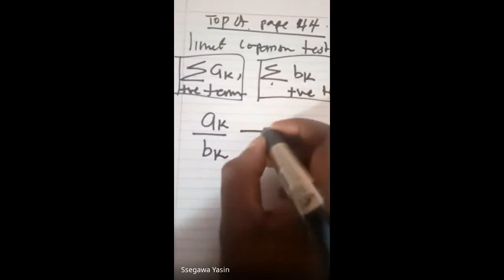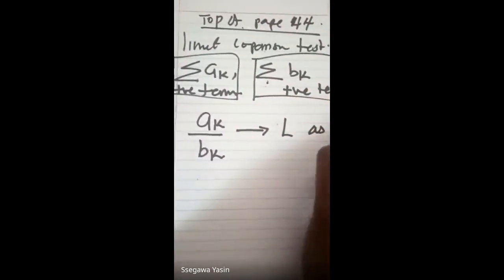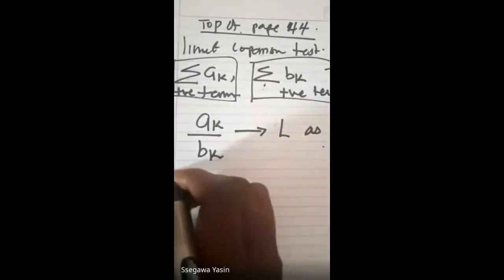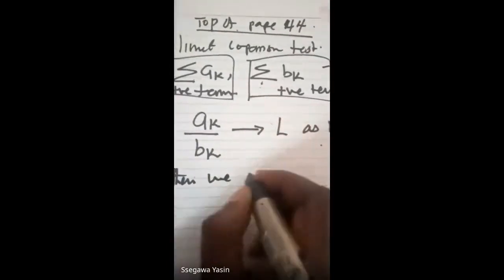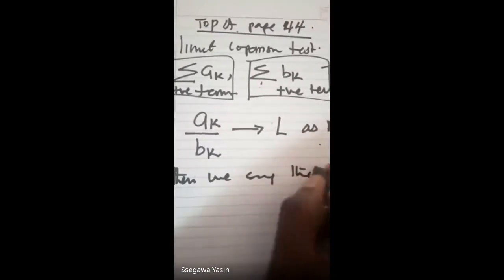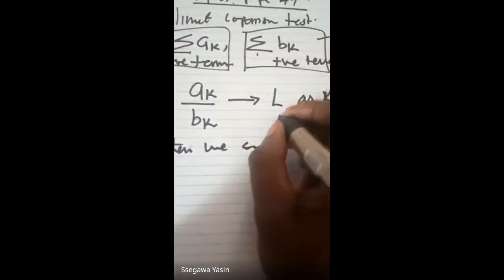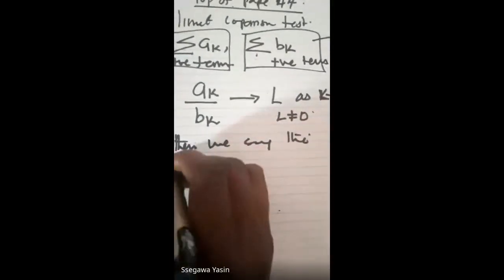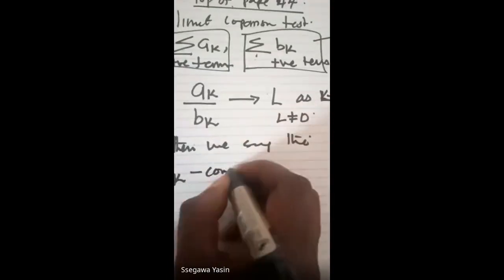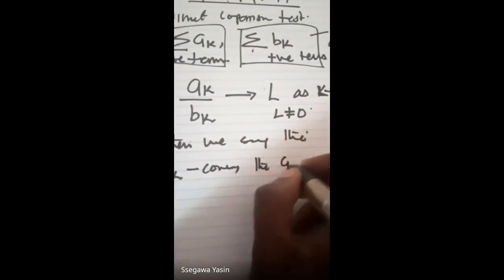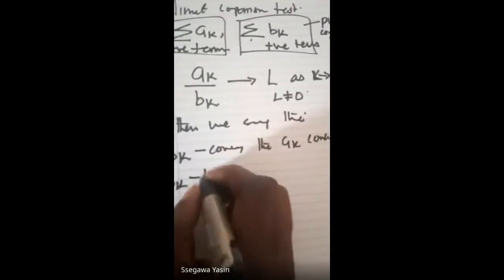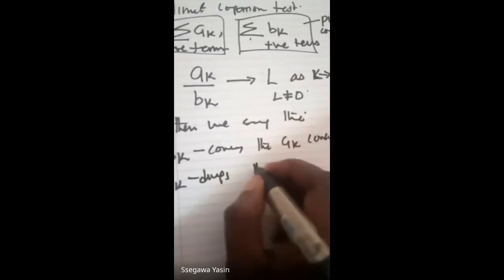If the limit of AK over BK goes to L as K goes to positive infinity, and this L should not be 0, we say that if BK is convergent, then we conclude that AK also converges. But if BK diverges, then we conclude that AK also diverges.